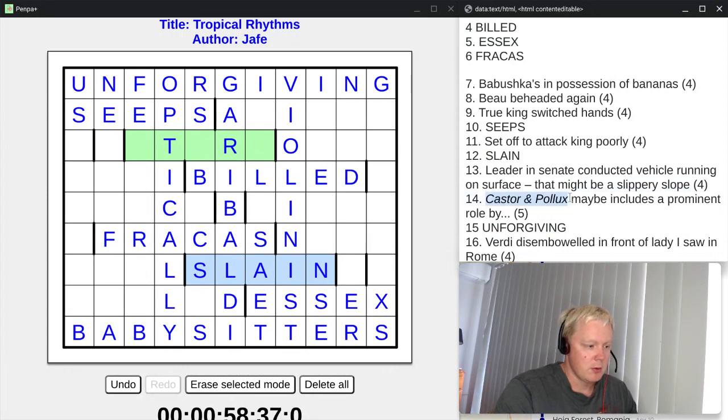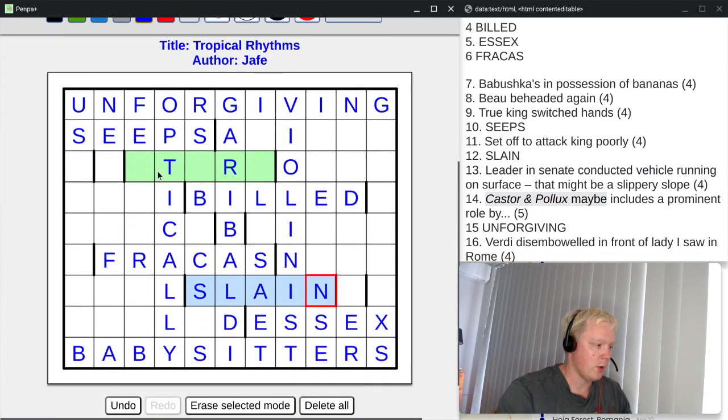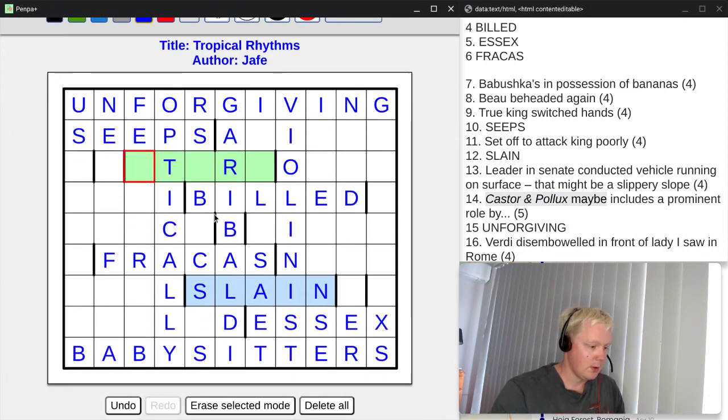Castor and Pollux were twins in the, is it Greek mythology or Roman mythology, or both? But they're also the names of stars, and stars fits here. So Castor and Pollux would be examples of stars. That's why maybe is here, because stars can be any other stars, but Castor and Pollux are one possibility.